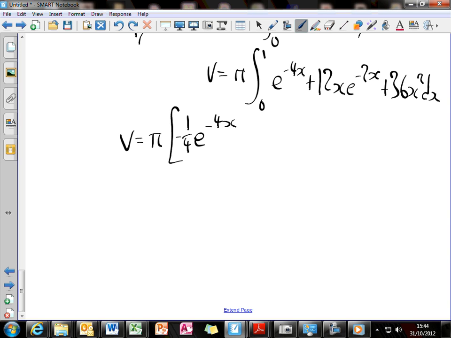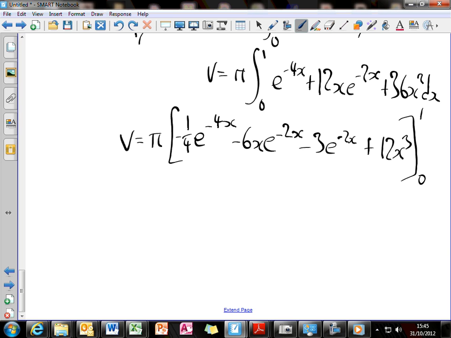This one here, when I integrate it, is going to go to e^(-2x), but I'm going to have to put a minus a half in front of that, so that's going to go to minus 6x, minus 3e^(-2x), and then this is going to go to plus, the power goes up, and I divide by the new power, so it's going to be 12x cubed. And we were integrating between 0 and 1.